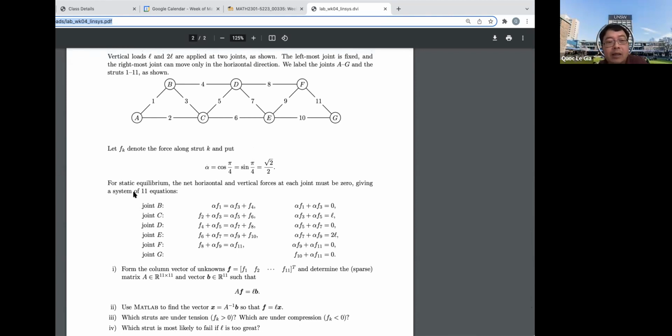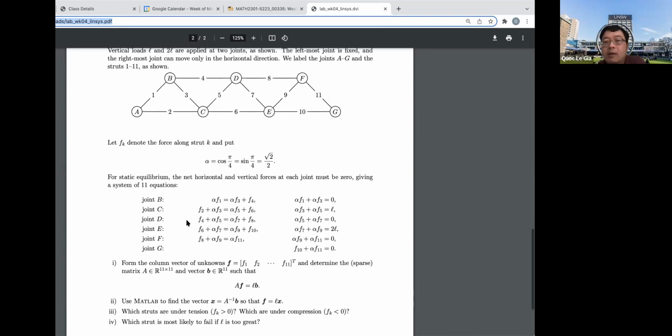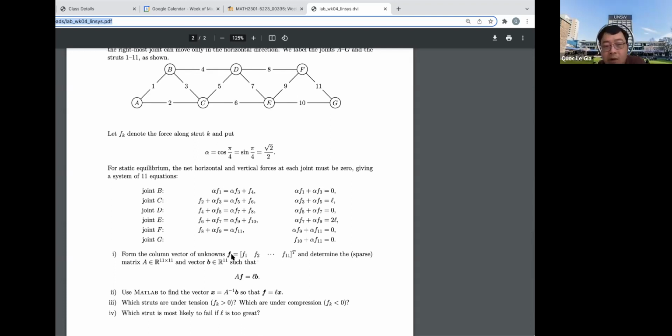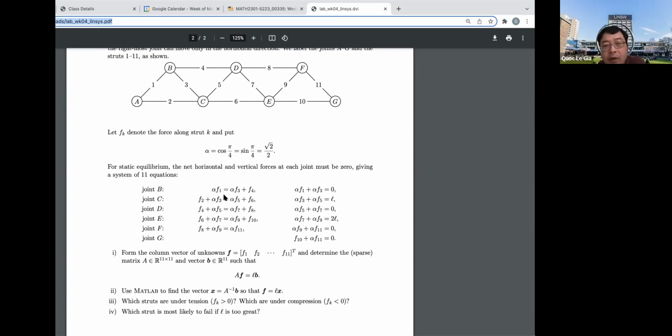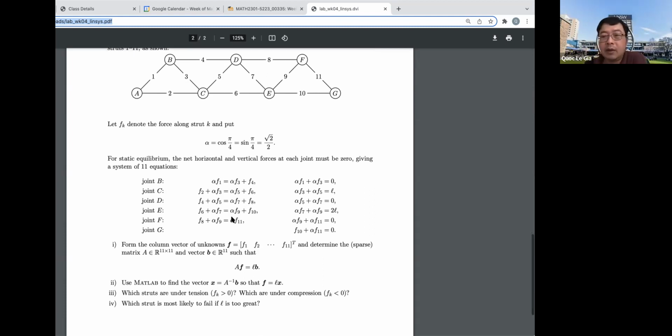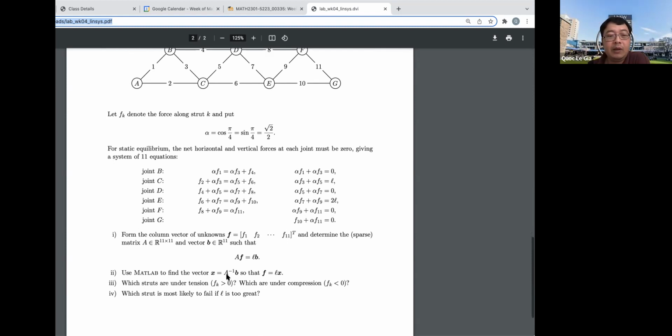That's why I just gave you those equations. The equilibrium equations are given. So what you have to do is just construct the matrix. Given the system of linear equations, your job is to construct a matrix, a sparse matrix, and solve the linear system. And solving the linear system is even very simple, right?